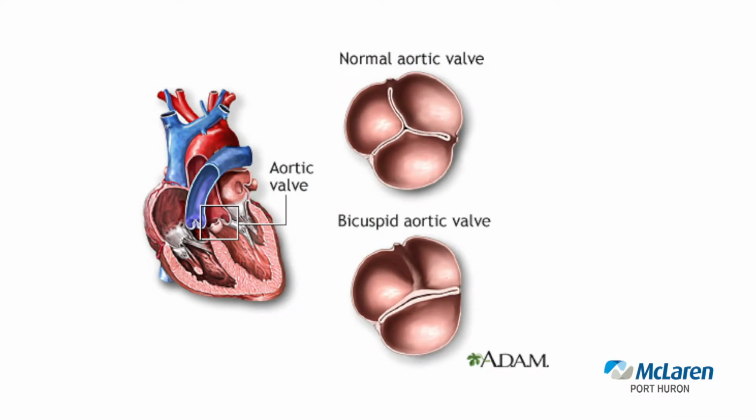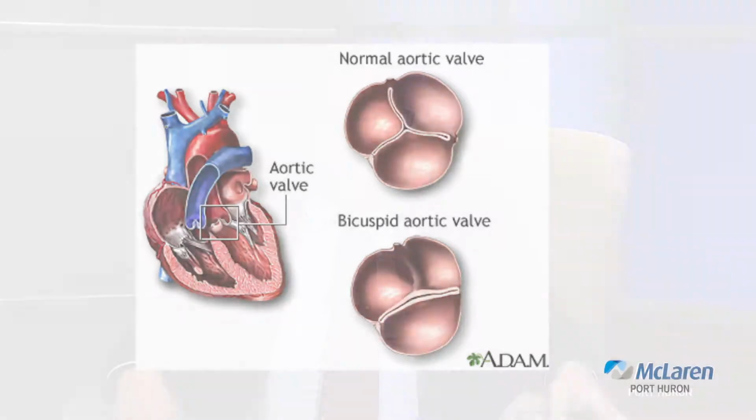They live with it for much of their life, and then typically in their late 50s, 60s, or 70s, they will start to develop problems with that valve as it wears out and becomes blocked. In older patients, a normal valve that was normal at birth can do the same thing, and we call that tricuspid calcific aortic stenosis. And we see that generally in older patients in their 70s, 80s, and 90s.